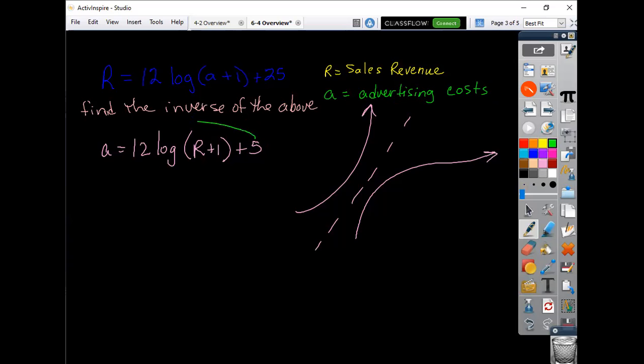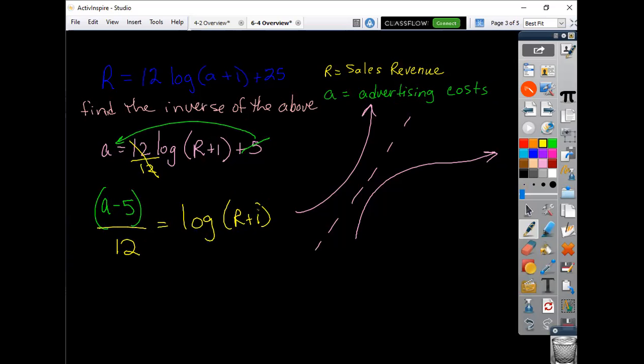So first I would subtract the 5 to get rid of that. After I do that, I would divide by this 12 to get rid of that. And now I would be down to this point.